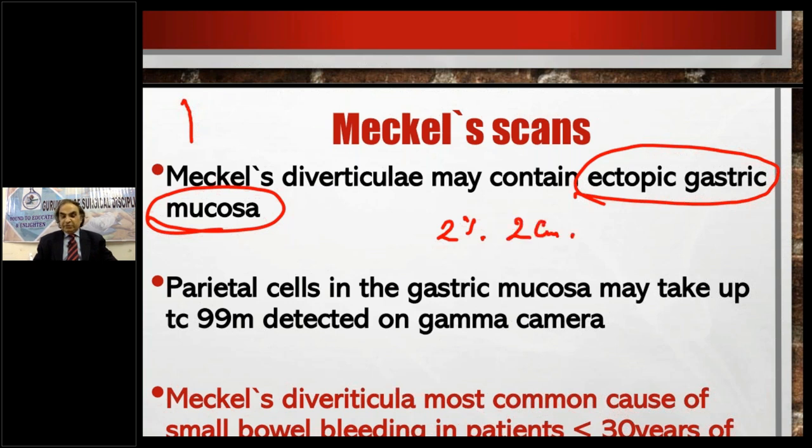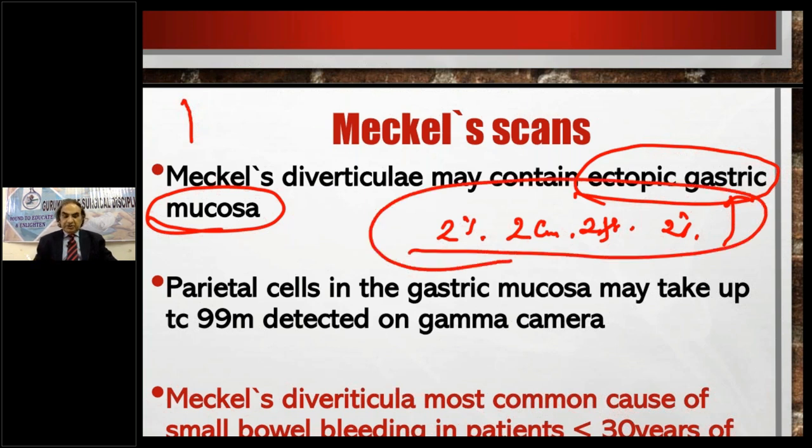It's about 2 feet proximal to the ileocecal junction. And in 2%, it may have ectopic gastric mucosa. Now, in these patients, it can bleed, and that can produce a lower GI hemorrhage.